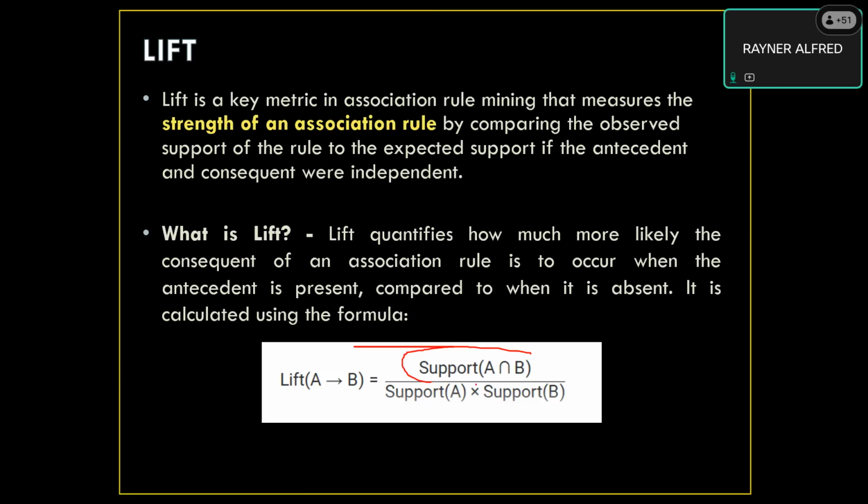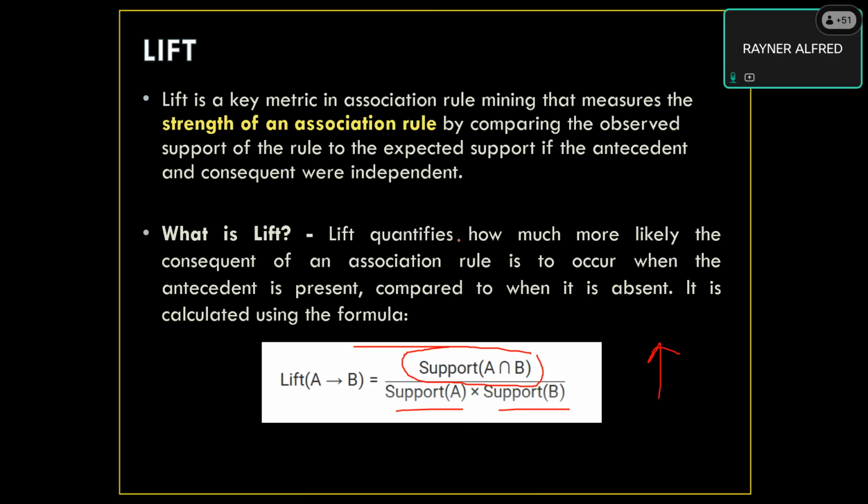So we are looking at the support for A and B, the intersection of A and B, divided by support A and support B. Okay, so the higher the value, the better your rule.